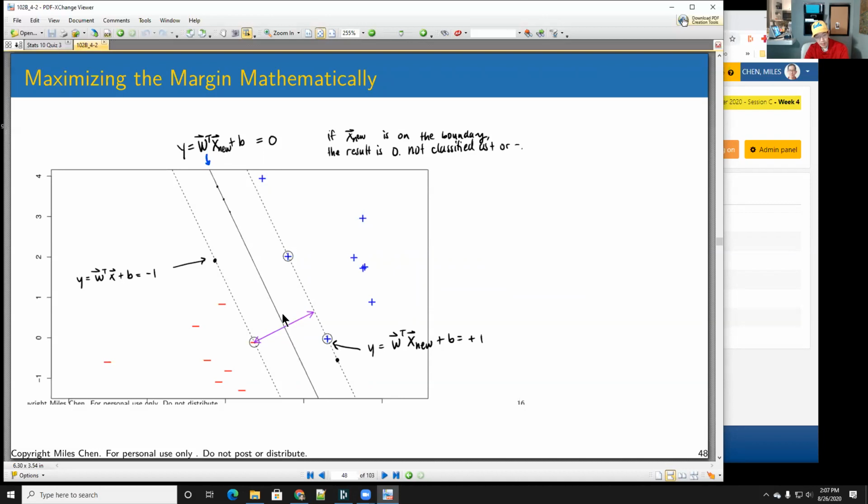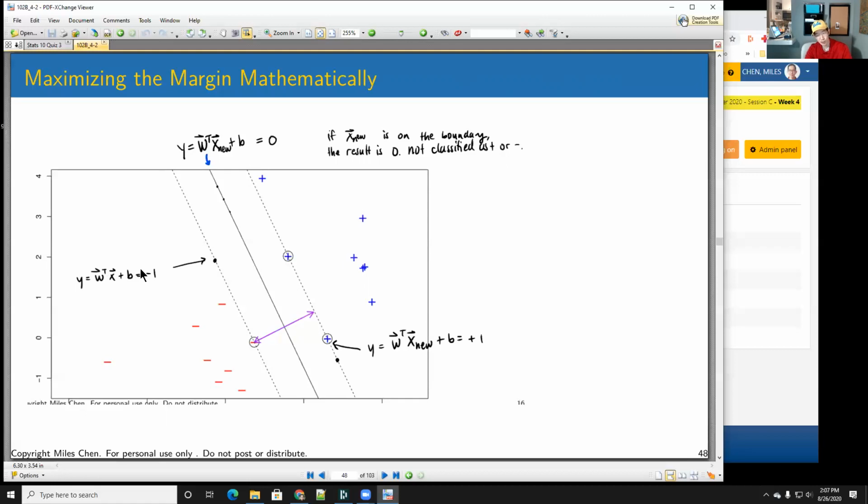Then w transpose x plus b equal to -1 gives you a parallel hyperplane, or a parallel line in our case, because it exists in just 2 dimensions, x1 and x2, and the same goes for the plus 1 equation over here.